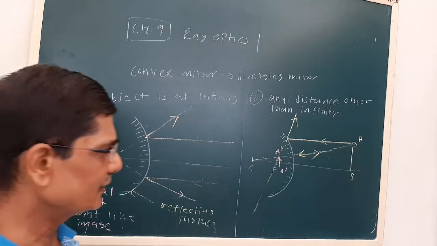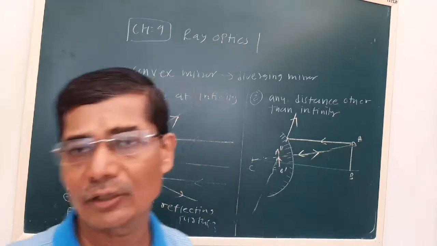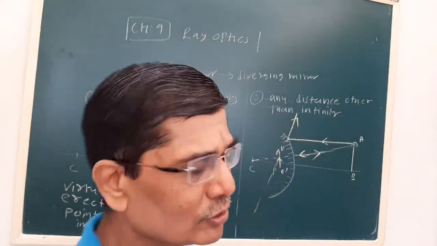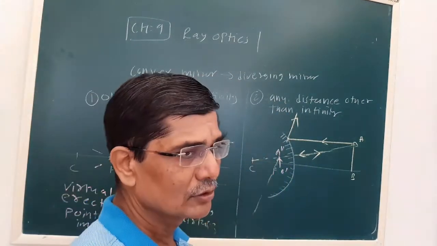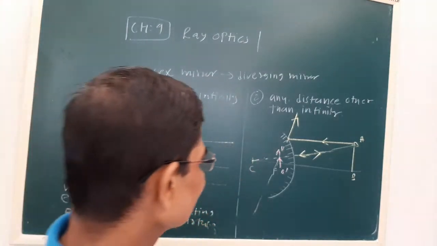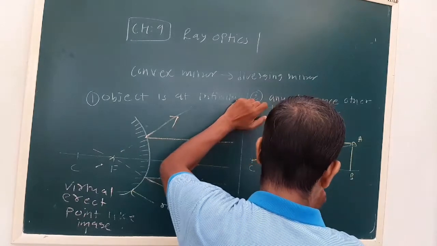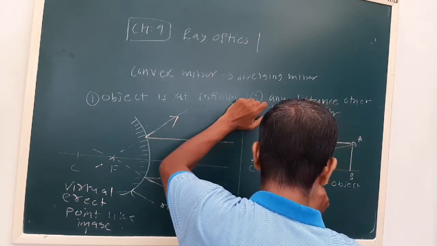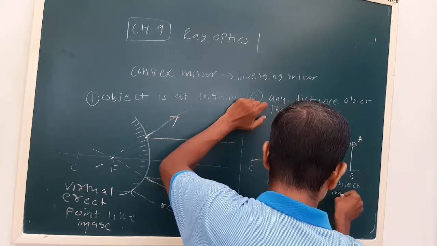So what we can see here is that actually the rays were not meeting, but we extrapolated, or produced them back, so we can imagine that the image is formed here. So this A dash B dash is the image. See what we can see, AB is the object, A dash B dash is the image.